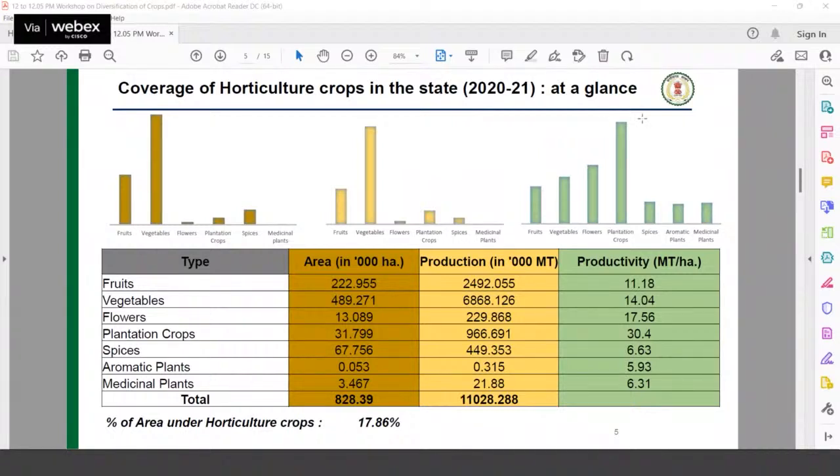No. Then we will move to West Bengal. West Bengal. Is there anyone from West Bengal?